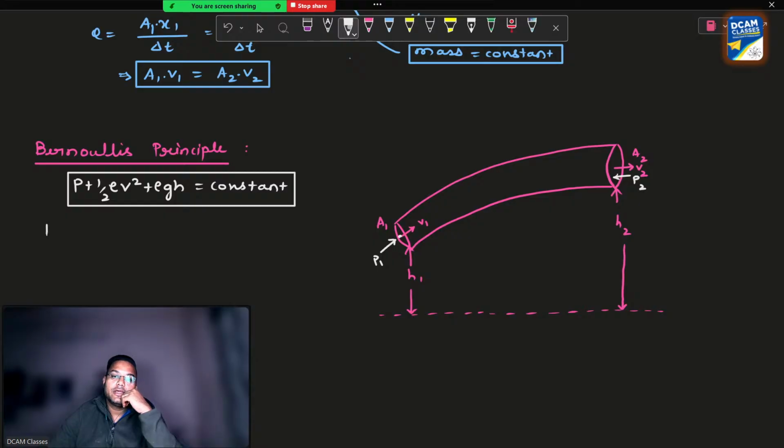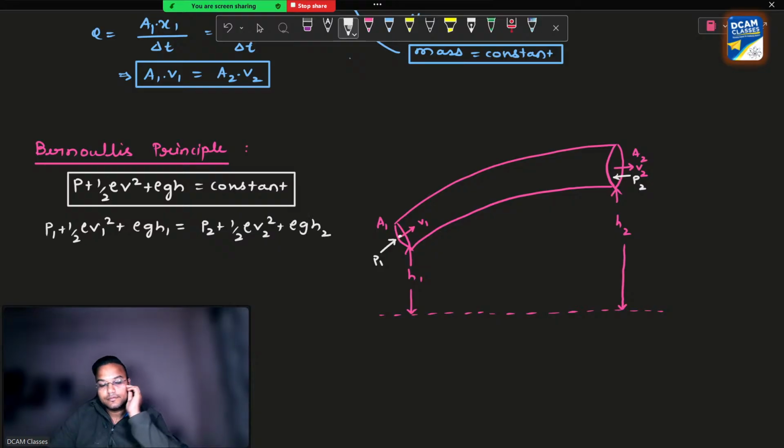Meaning is, we can write P1 plus half rho V1 square plus rho g h1, where we have applied Bernoulli's principle on the leftmost part of the pipe, is equal to P2 plus half rho V2 square plus rho g h2. This is the statement.